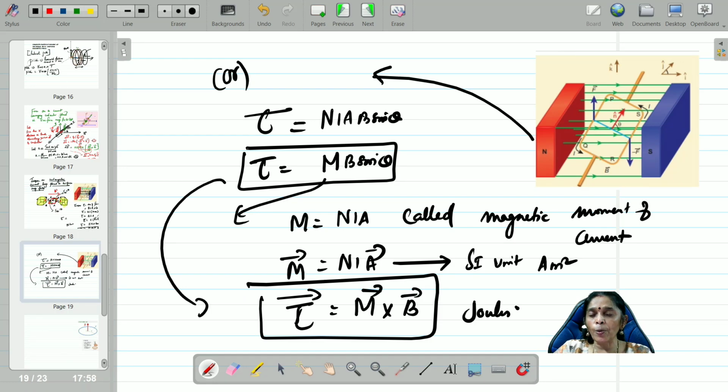For a current loop, it is not F, it is torque. That too is a force, but this is torque. Torque on a current loop is equal to MB sin theta. Number one, BQV sin theta for the charge. Number two, F is equal to BIL sin theta for the current carrying conductor. Number three, torque on the current loop is equal to MB sin theta or NIAB sin theta. So these are the three things. All these are interrelated. That is very essential for you to know.